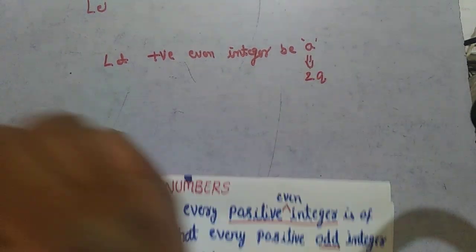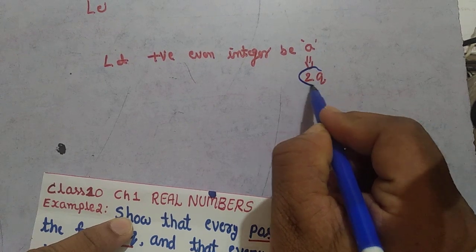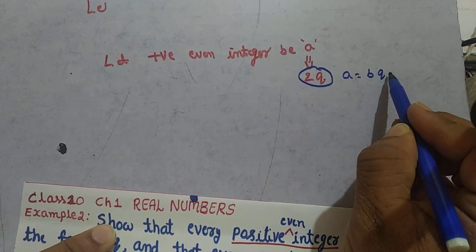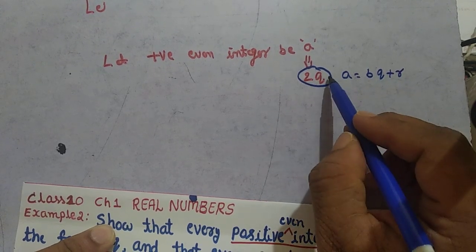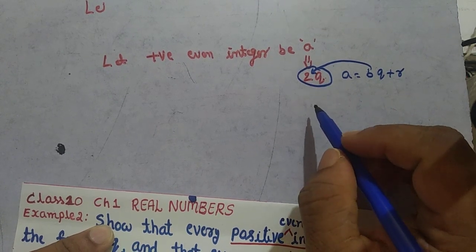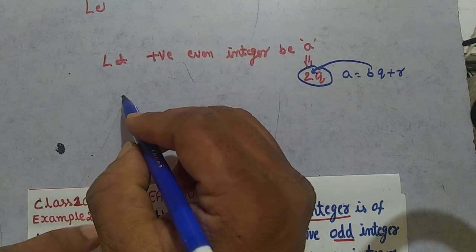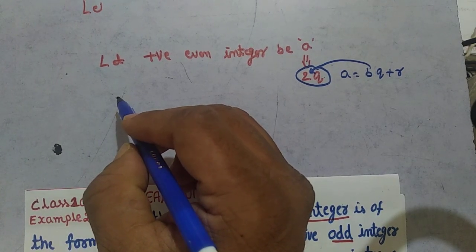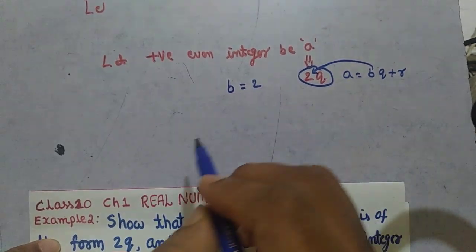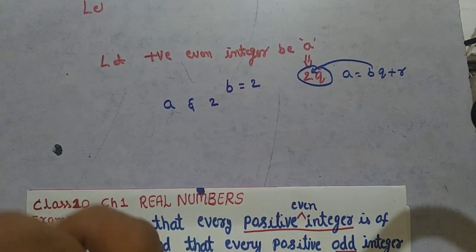So when you compare this 2q with Euclid's division lemma, a equals bq plus r, at the place of b, what is there? 2. So we can consider an even positive integer a and b equals 2. So we got a and 2.